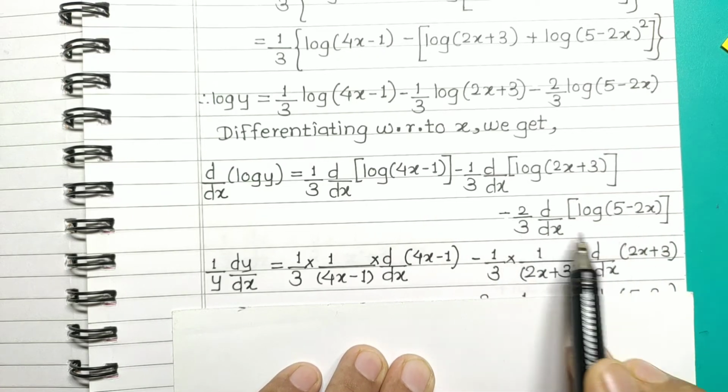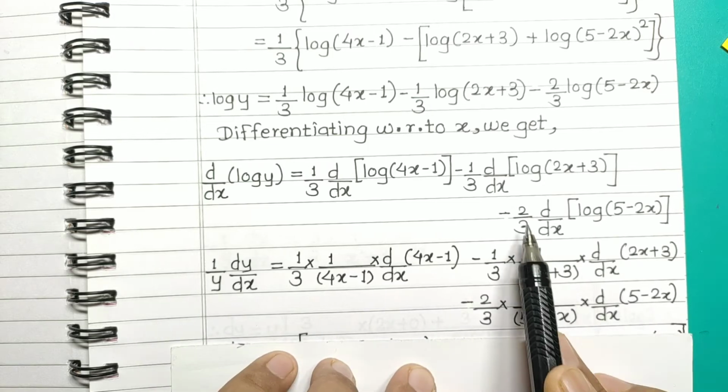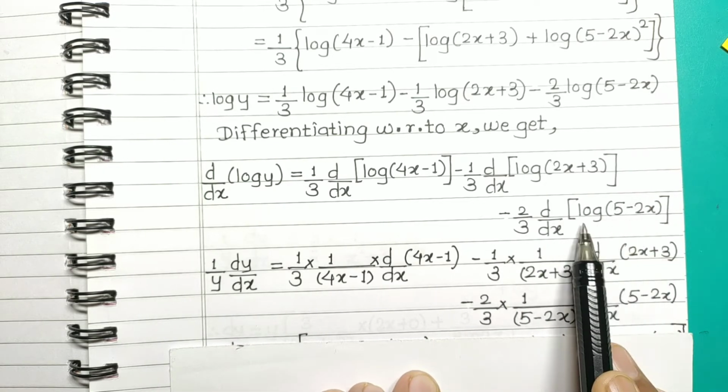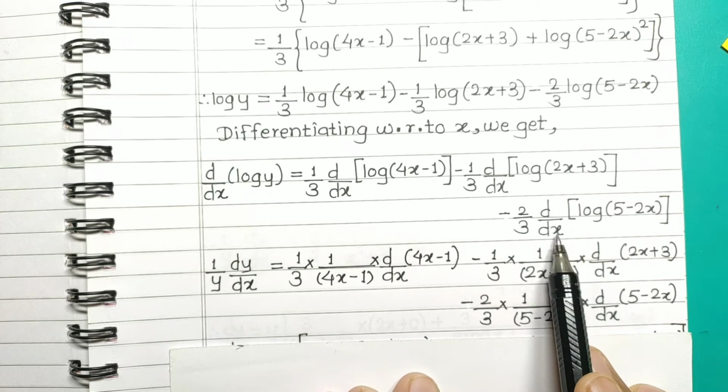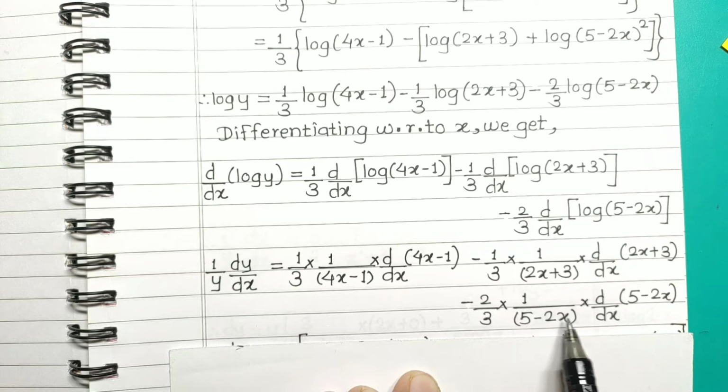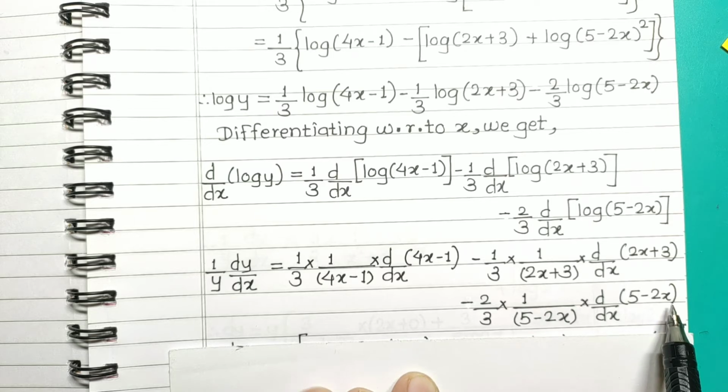Now for this third term, minus 2 by 3 constant, and again it is a composite function. So the derivative of log of something is 1 upon something into the derivative of something, which is 5 minus 2x.